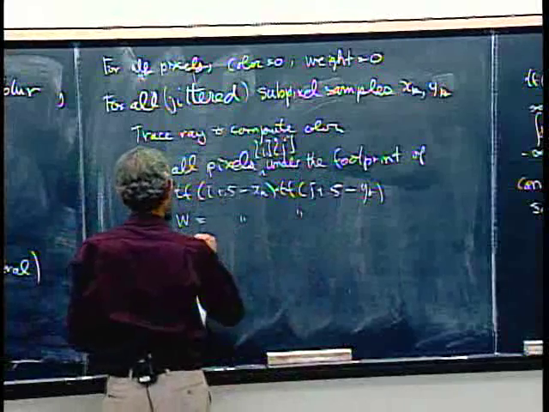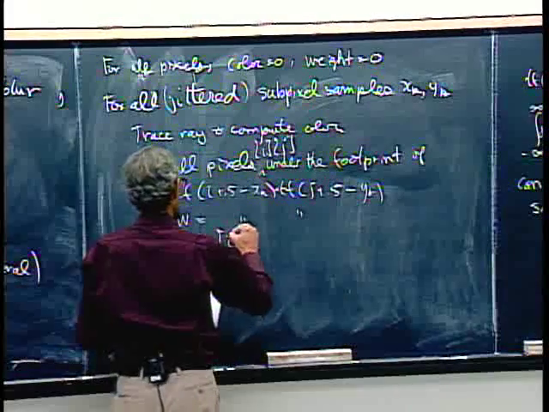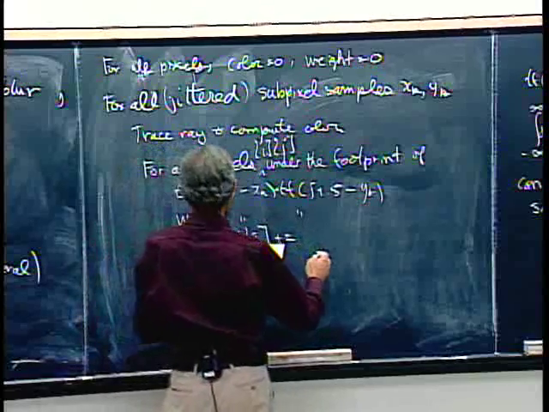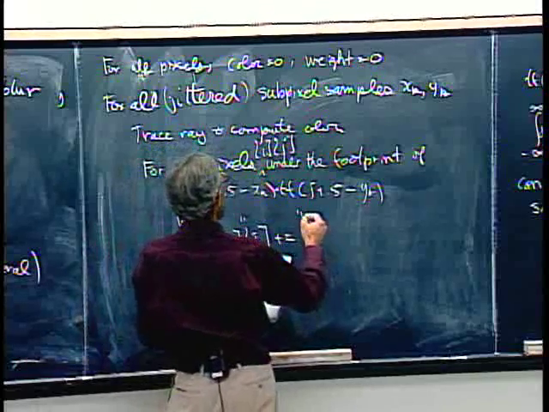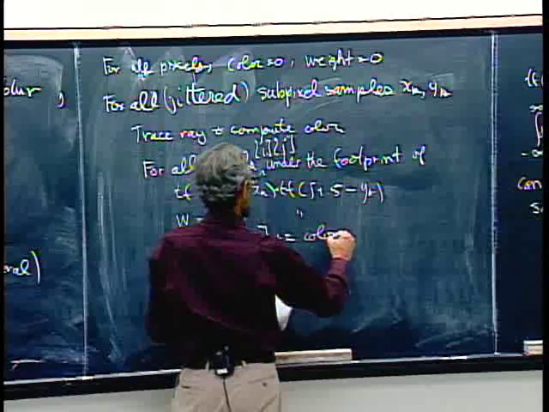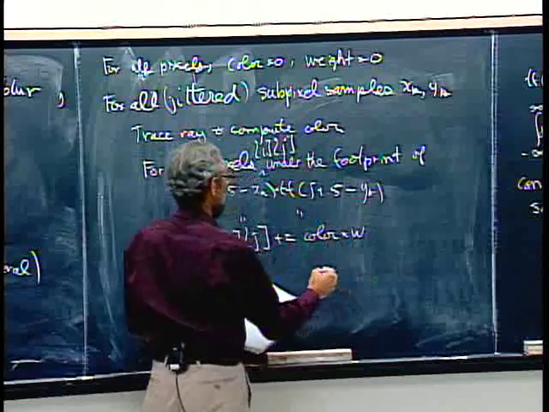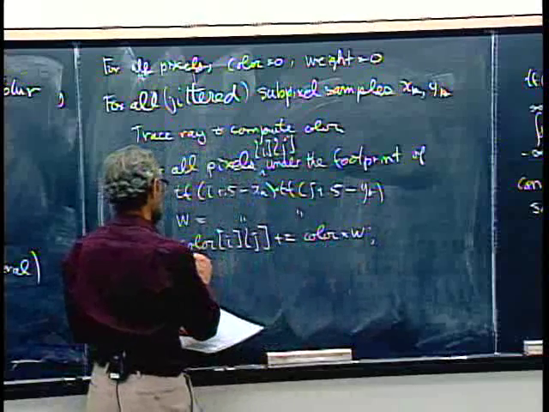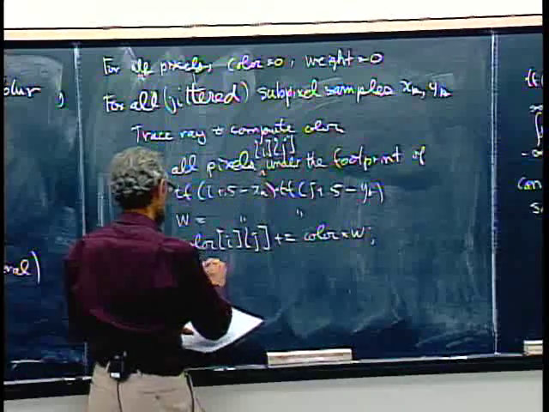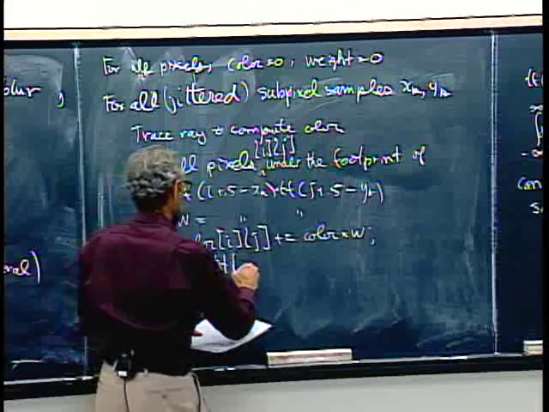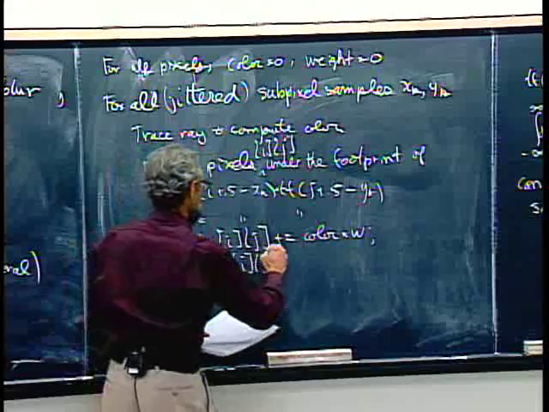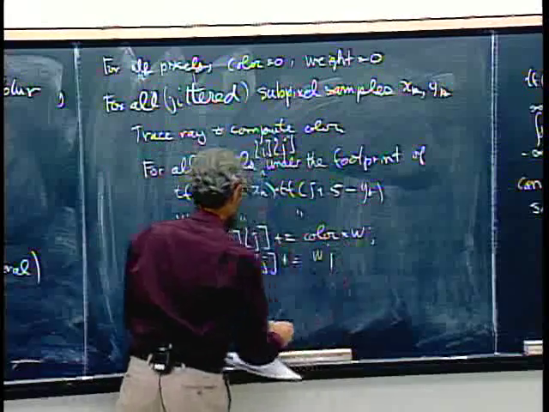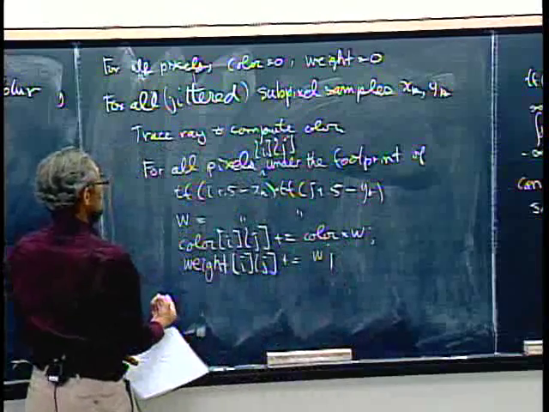So color(i, j) plus equals, what did I say? Compute color times weight. Weight times the color you're incrementing for all those pixels that subsample affects, and the weight of that pixel, the W.